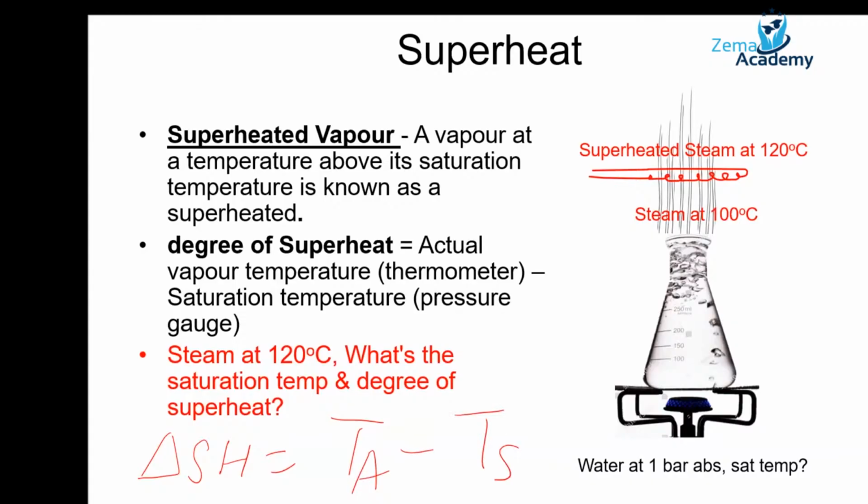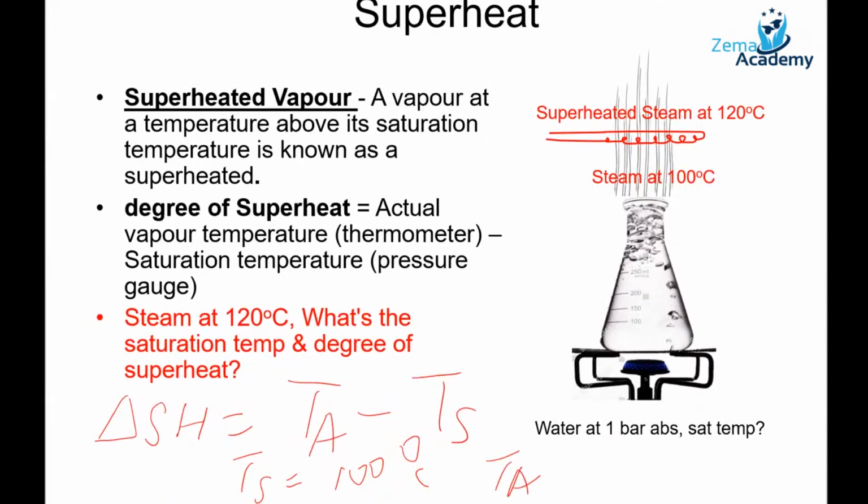One example I just gave here is water boiling. Of course, the steam is at 100 degrees C and the superheated steam temperature is 120 degrees C. What is the saturation temperature and what is the degree of superheat? Tsat is 100 degrees C, T actual is 120 degrees C, and therefore the degree of superheat is 120 minus 100, which is 20 degrees C.